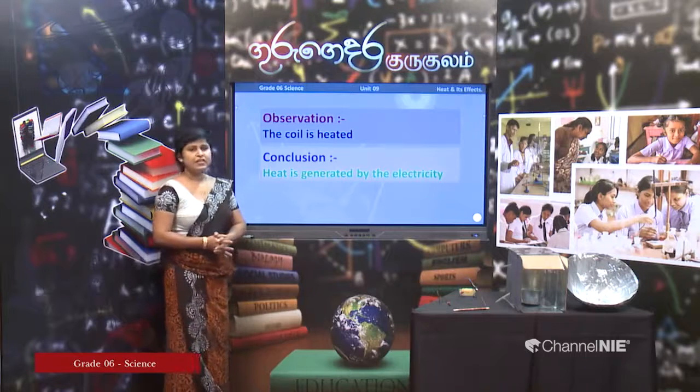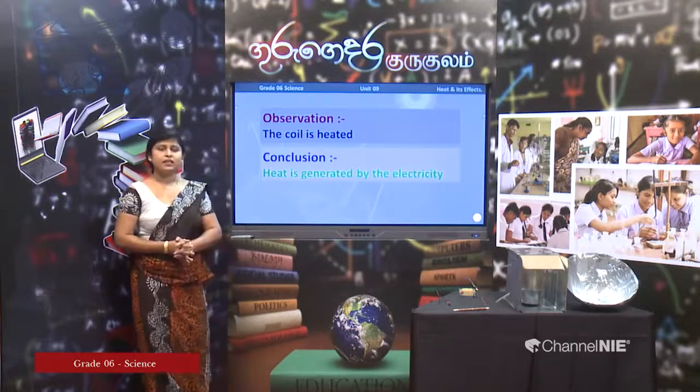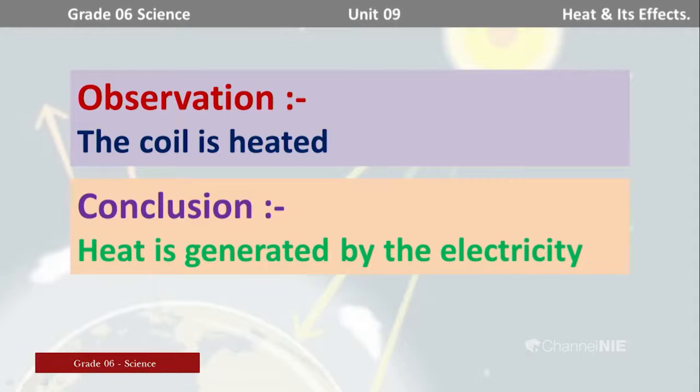The observation is the coil is heated. When we connect the ends of the copper coil to the dry cell, it provided electricity to the coil, and then the coil got heated up. And the conclusion is heat is generated by electricity.